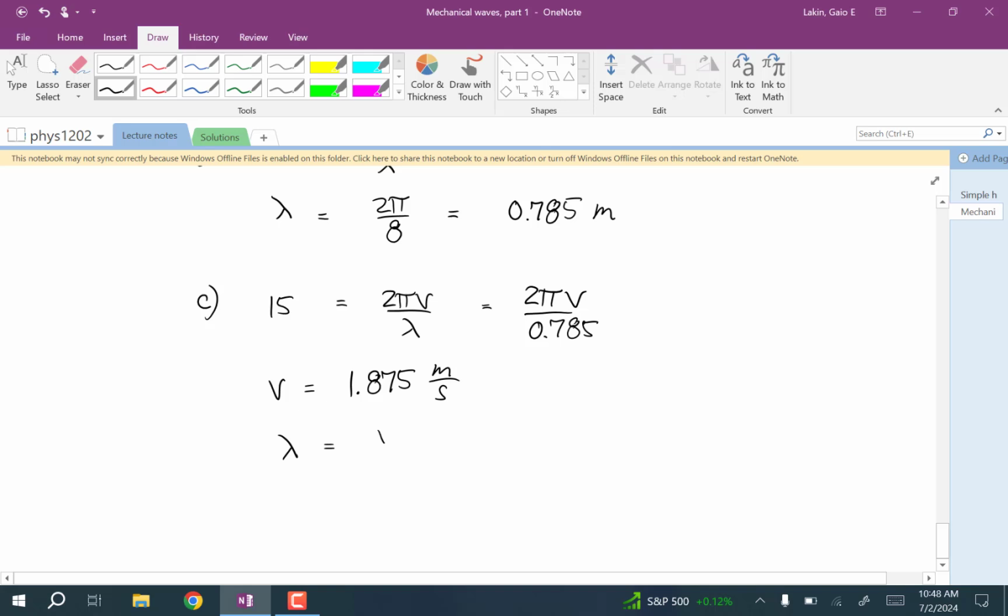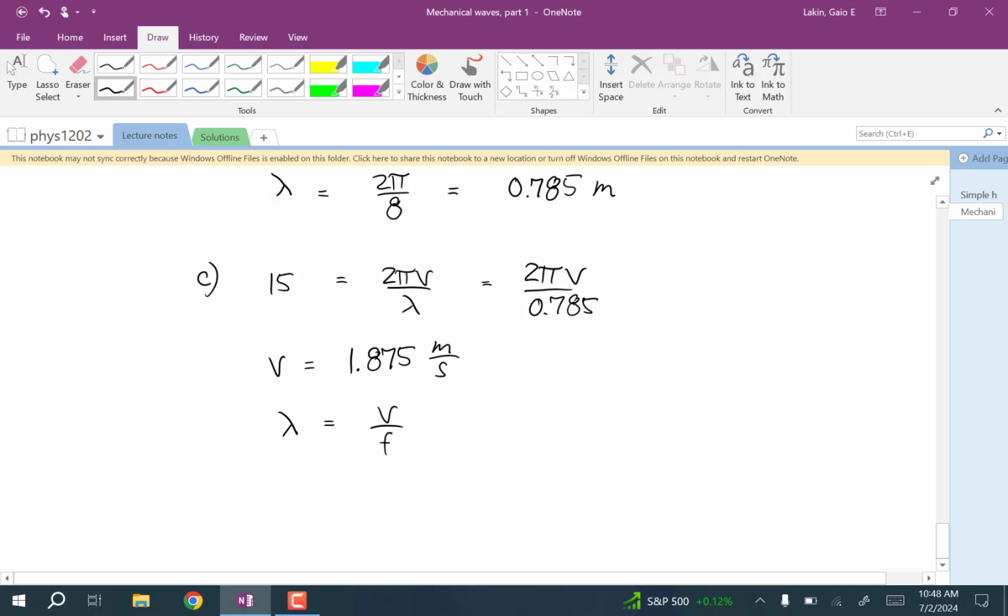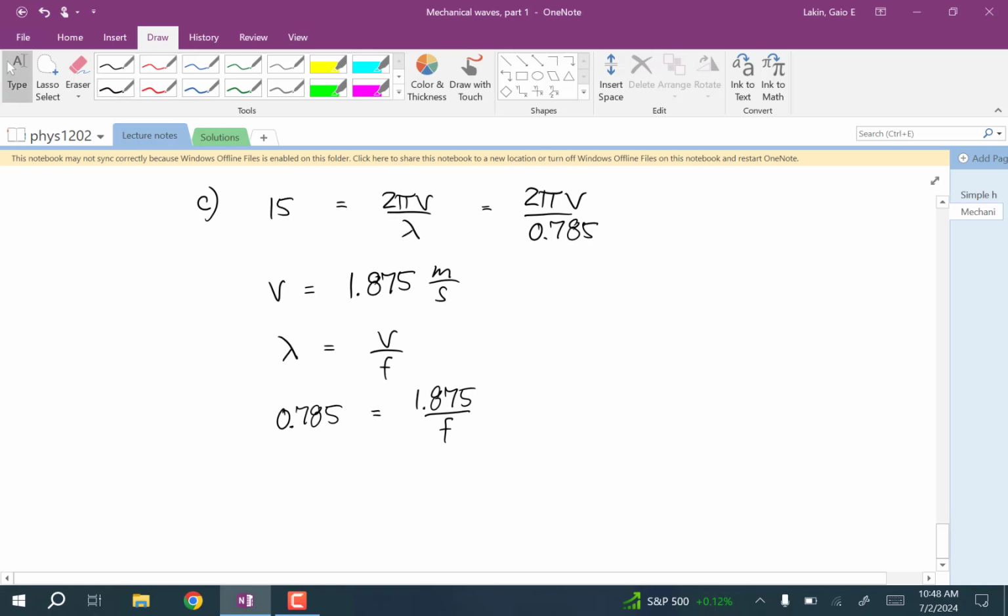The wavelength is equal to the wave speed divided by the frequency. And so 0.785 is equal to 1.875 divided by the frequency. And so we get a frequency of 2.387 hertz.